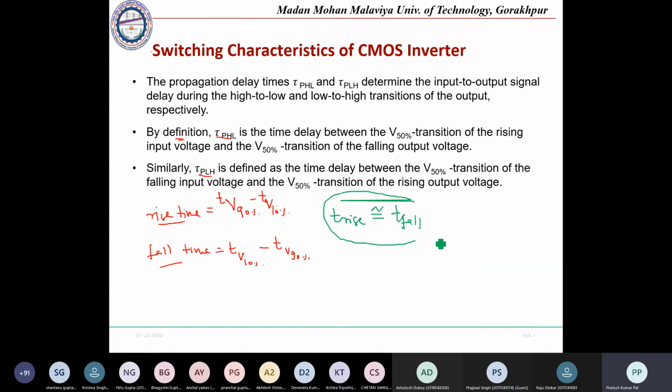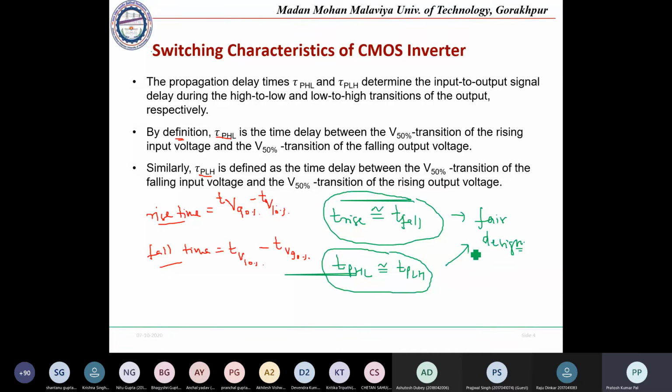If this condition is met while designing, this will be considered a fair design. Our motive should be that rise time and fall time are the same, or in terms of tau PHL and tau PLH, these will also be similar.